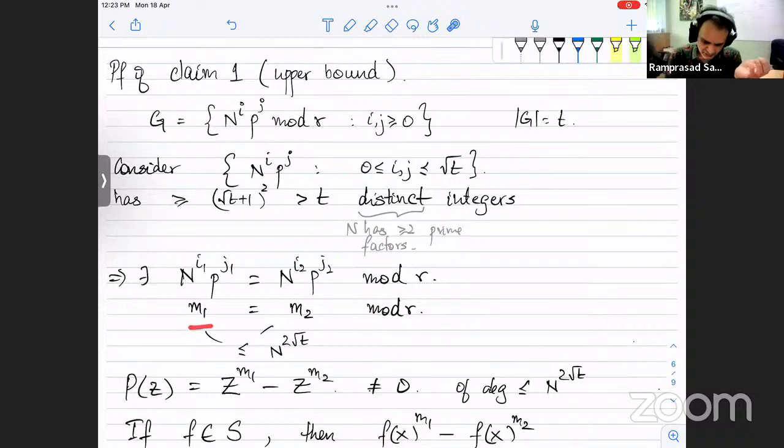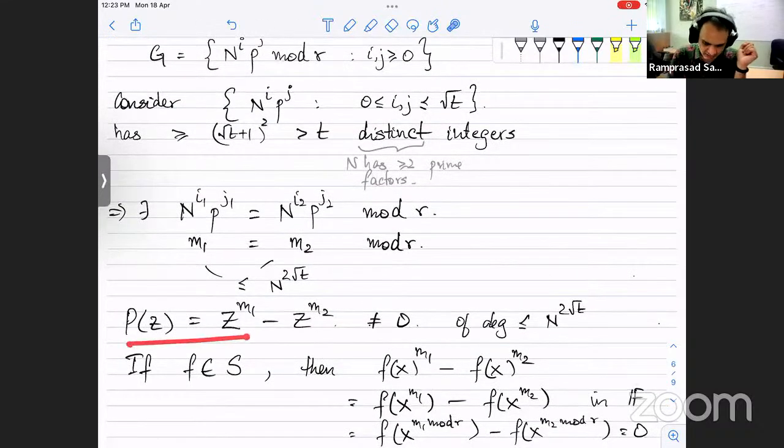So let's fix those two integers, m1 and m2. And we then said, let's look at this polynomial, which is just Z power m1 minus Z power m2. Because m1 and m2 are different integers, this is a non-zero polynomial. And by the bounds that we put on i and j, the degree of the polynomial is not too large.